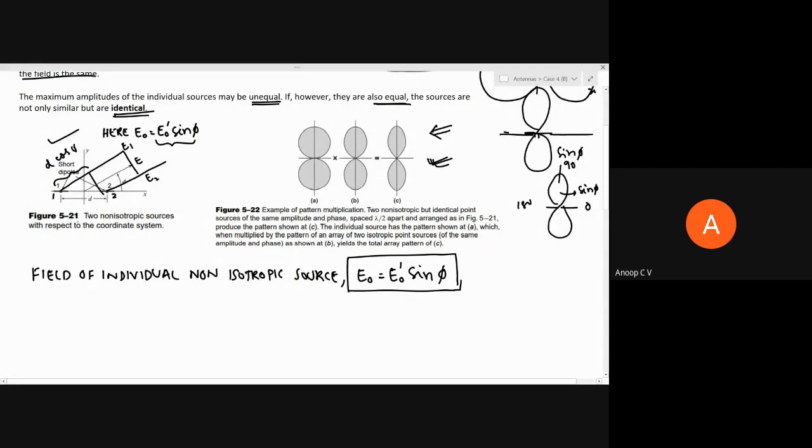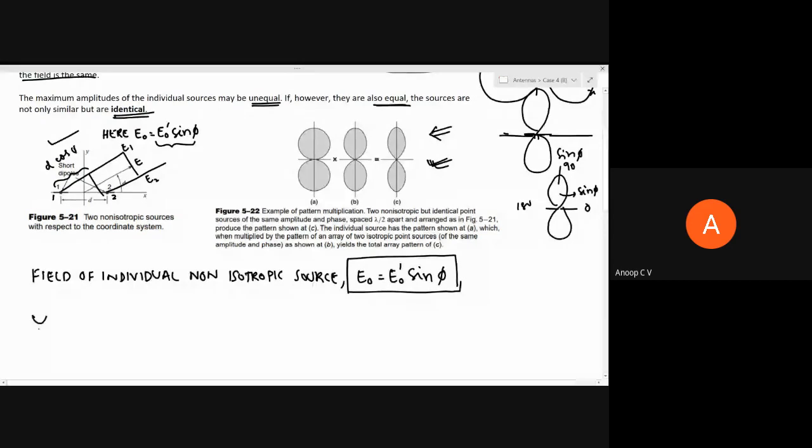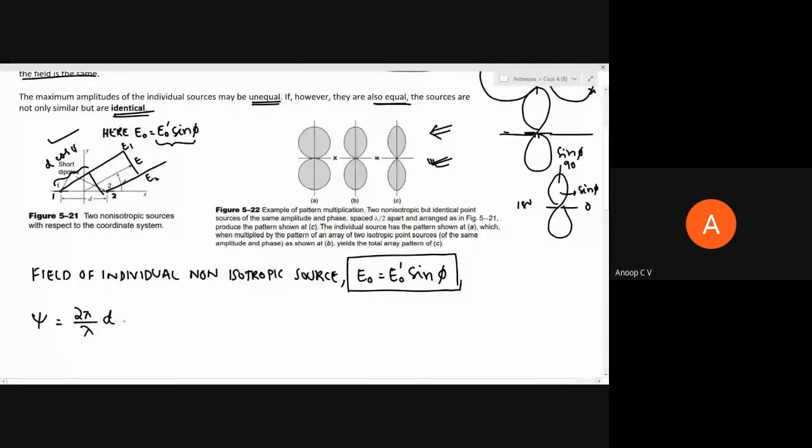So there will be a phase difference. The total phase difference psi can be written as 2 pi by lambda times d cos phi.